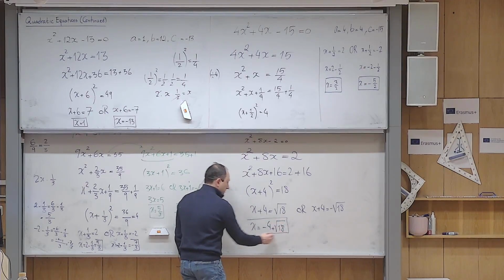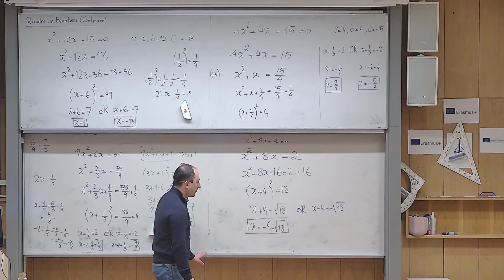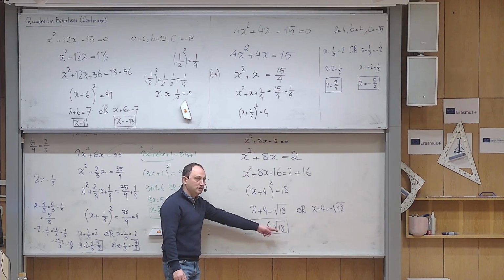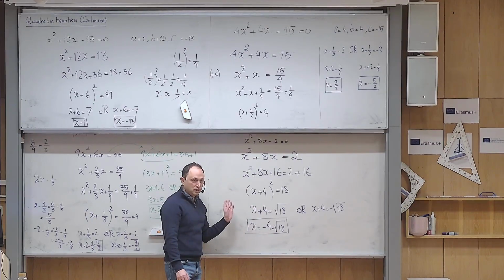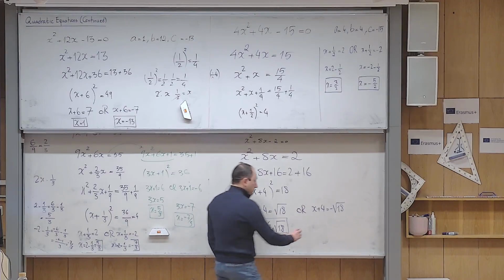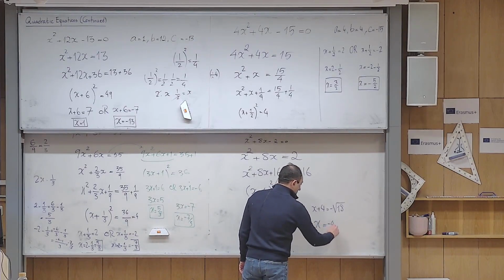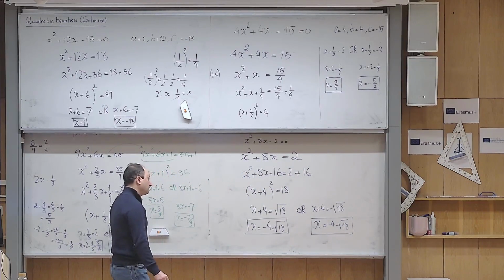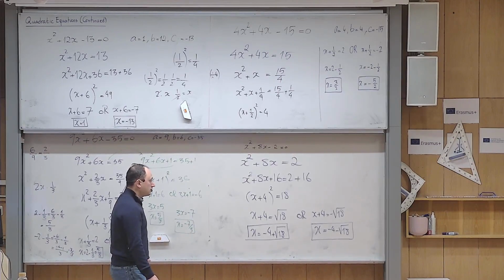This is one answer. If I didn't say anything, I want you to write this answer. If you just put it in the calculator, then you will lose points. The next one is minus 4 minus the square root of 18. That's it. But sometimes I say, okay, write the answer to 1 decimal place.